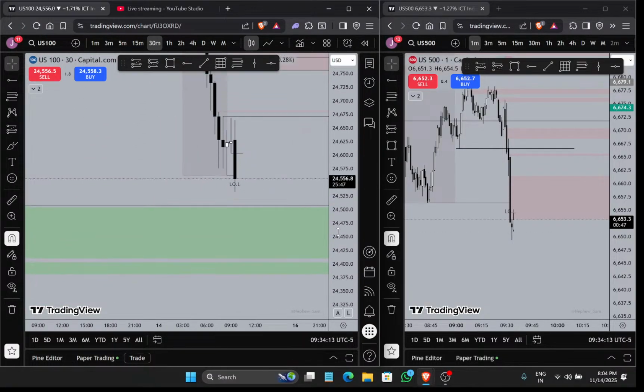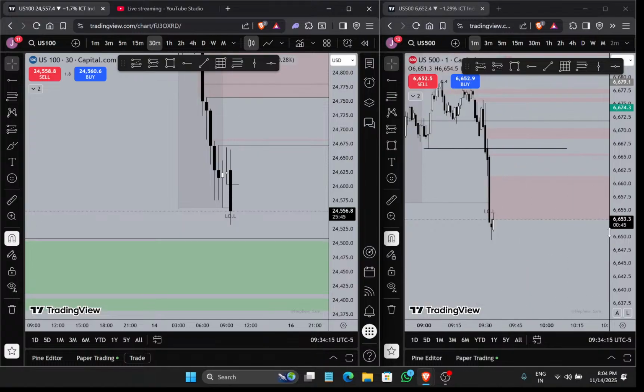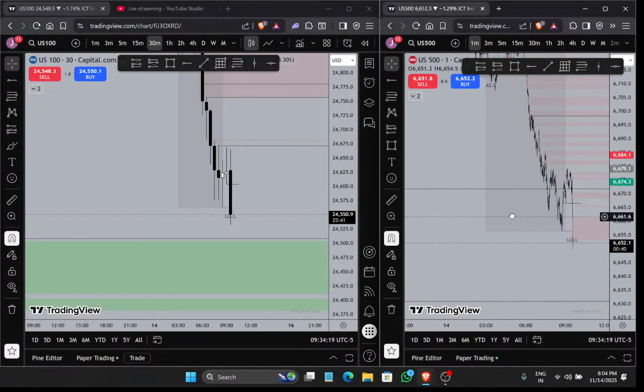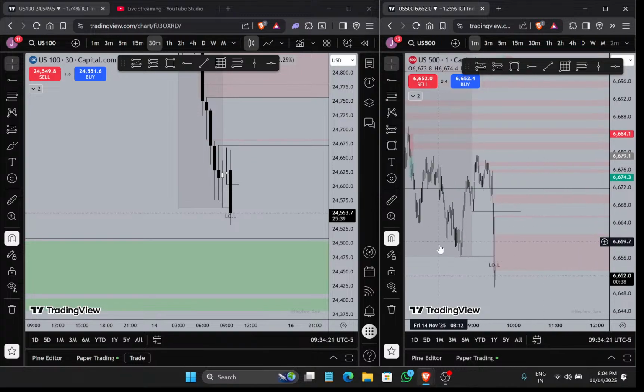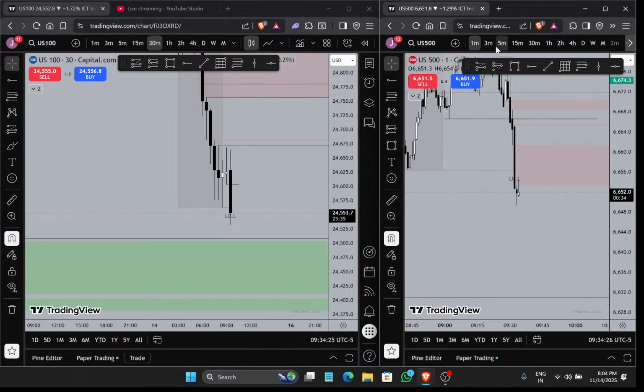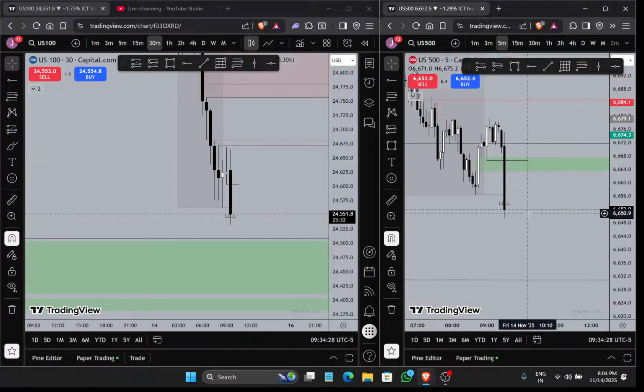We swept the London lows on New York Open, so that is kind of bullish. Maybe we will take continuation on the New York core. We may get a reversal off of this level.